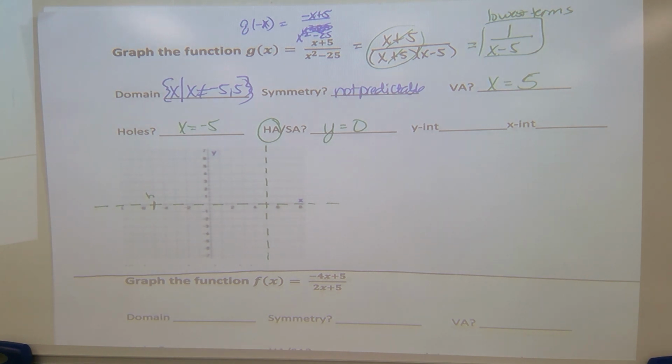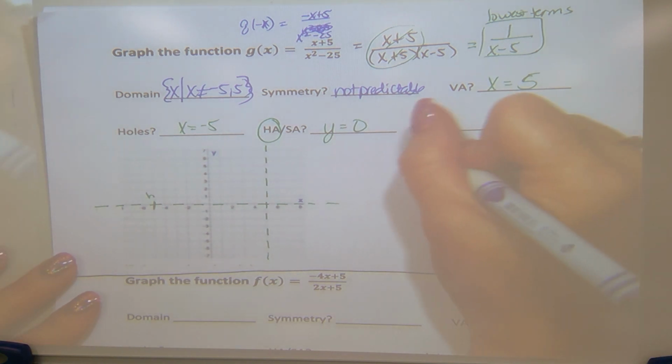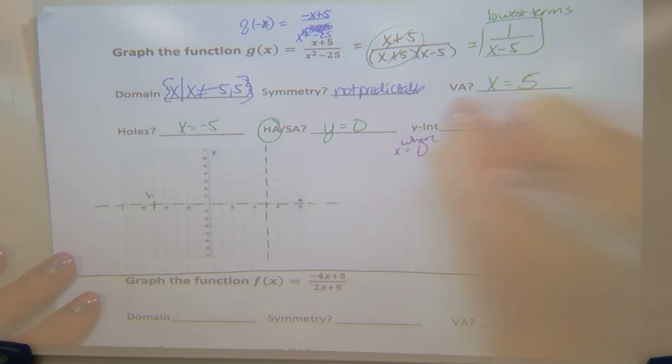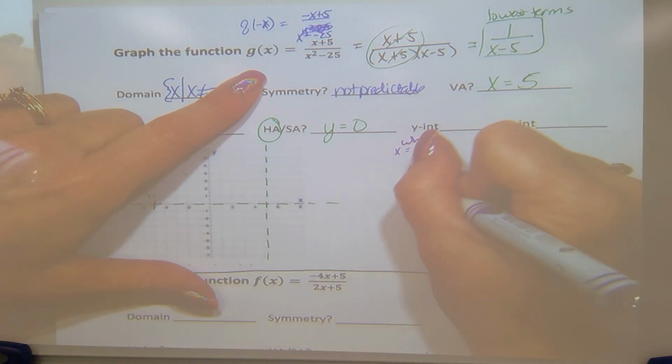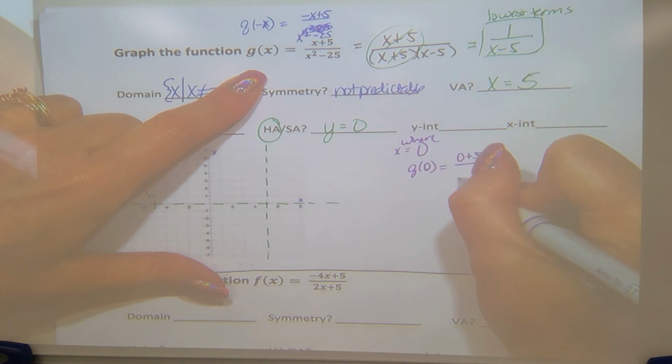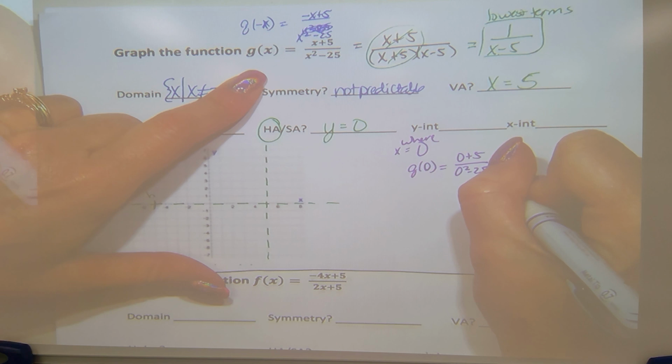Okay, y-intercept and x-intercept. You know how to find these. This helps me start figuring out where my function is going to fall. The y-intercept happens where x is 0. If I find g of 0, that gives me 0 plus 5 over 0 squared minus 25.